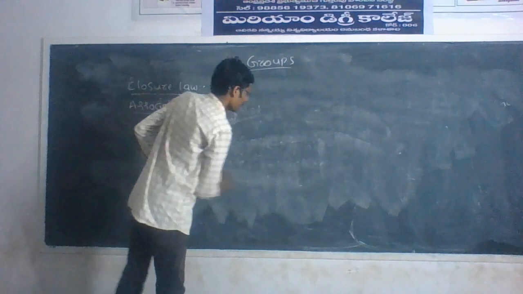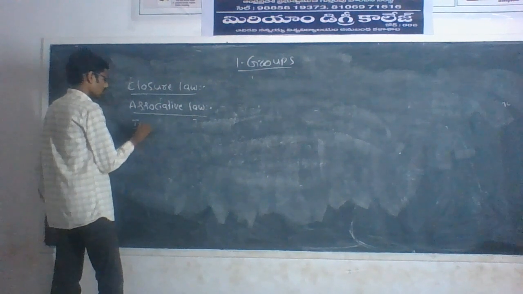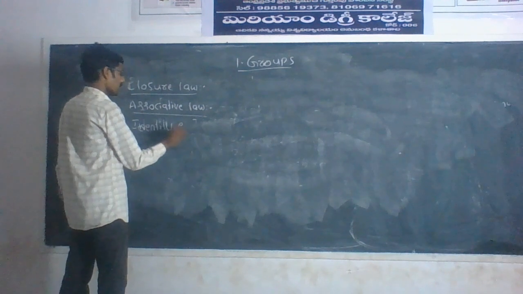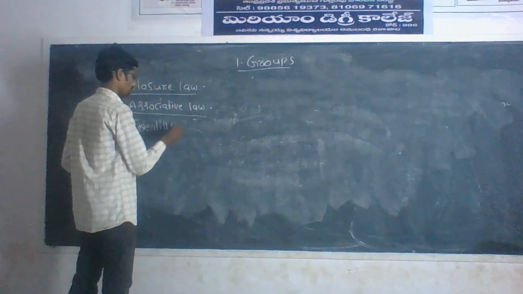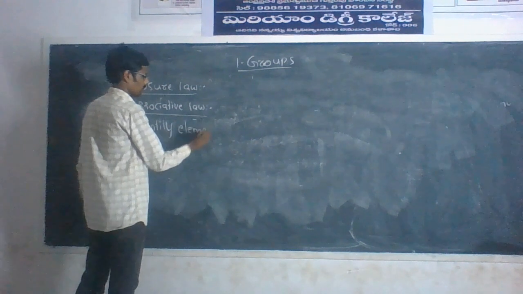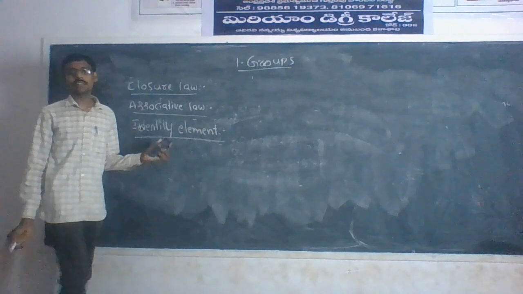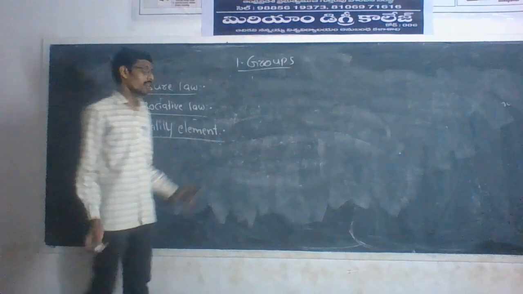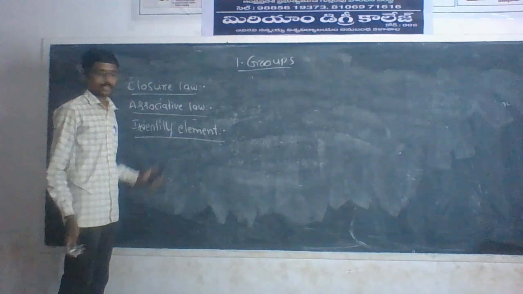Next one, identity element, or existence of identity. S is a non-empty set with respect to the binary operation circle.